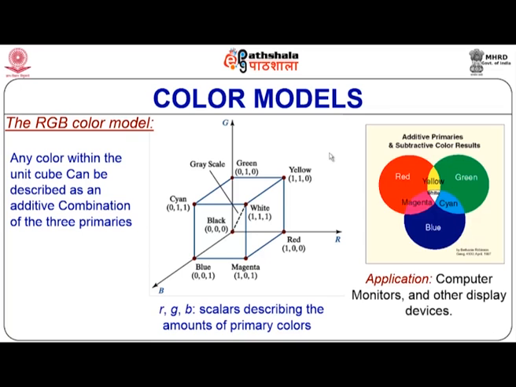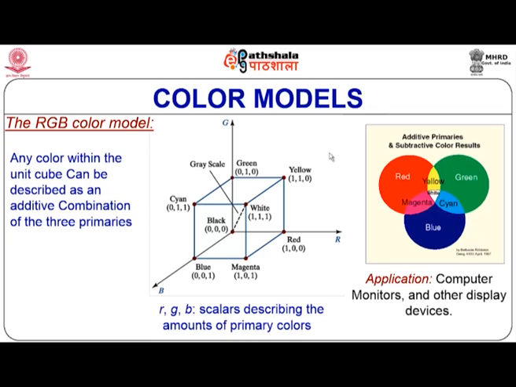All the other vertices are occupied by the important colors. Red and green, when you combine, give the yellow vertex. Green and blue give the cyan vertex. Blue and red give the magenta vertex. So as you can see, the vertices are also represented there.